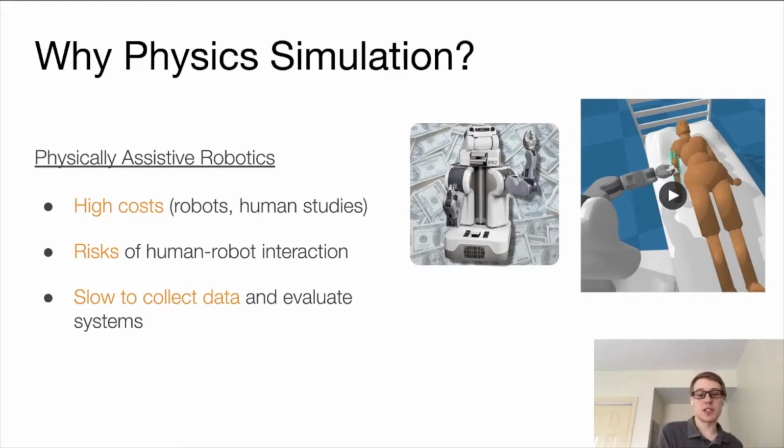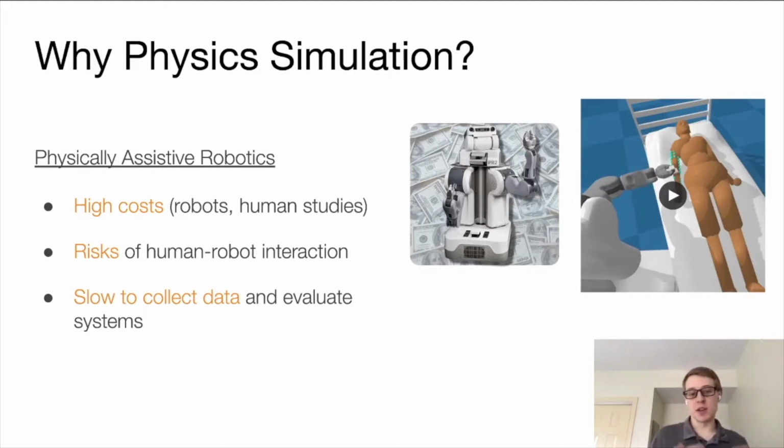We never want robots to accidentally hurt someone, so there are risks inherent with human-robot interaction. And lastly, it's just slow to collect data with real robots, especially when you have robots interacting with people, such as in assistive robotics. Taking all of these in combination, it can be pretty challenging to work with real robots that need to interact with real people.